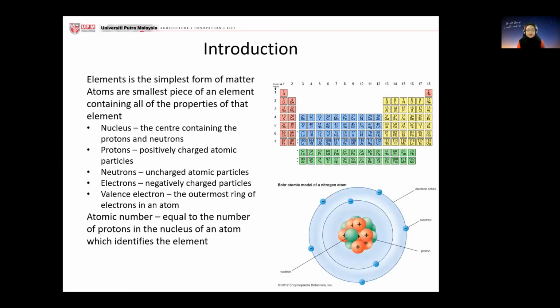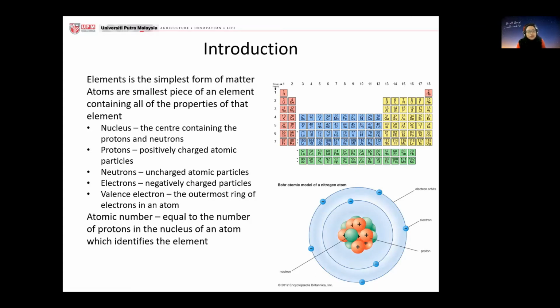So when we are talking about electricity, we cannot help but go back to the basics, because I want you to understand how electricity is actually being produced.